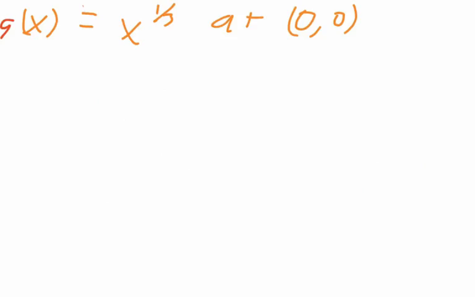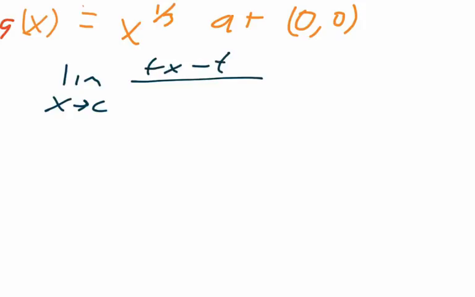Alright, the last problem for this one has our last definition of the derivative, which is the limit as x approaches c of f of x minus f of c, for the change in y, over x minus c, for the change in x, where this is c and that's f of c.